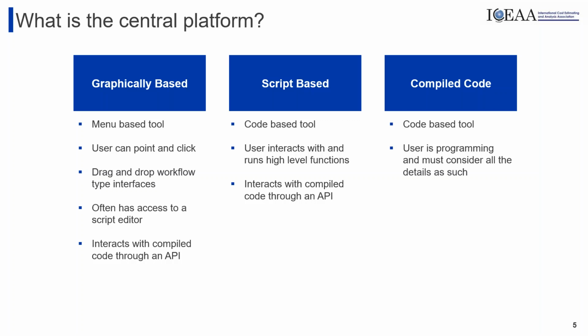Next, there's things that are script-based. So these are code-based, but typically the user interacts with them at a high-level function. They typically interact with compiled code through an API as well. The last one, which is compiled code, is doing crazy things and programming to do machine learning. Essentially, the user here is a programmer.